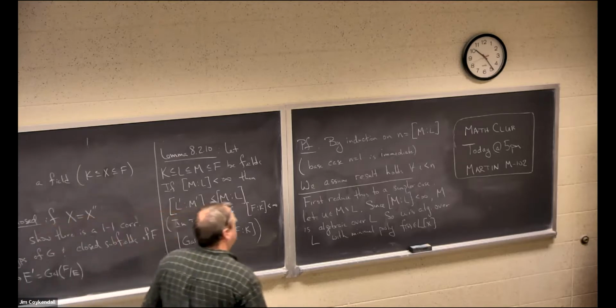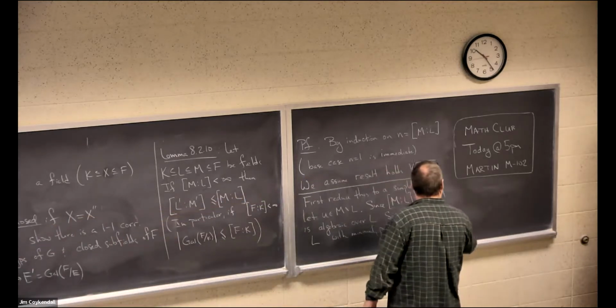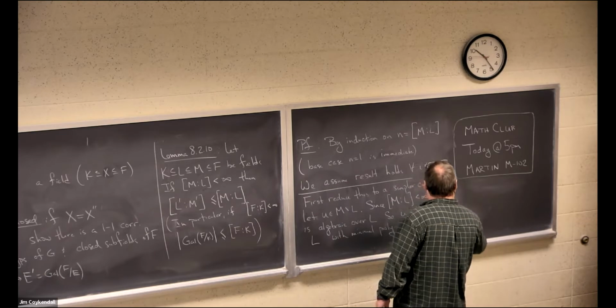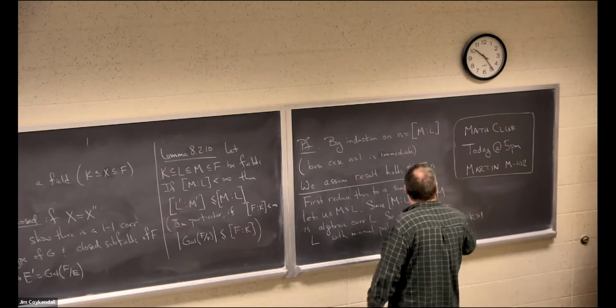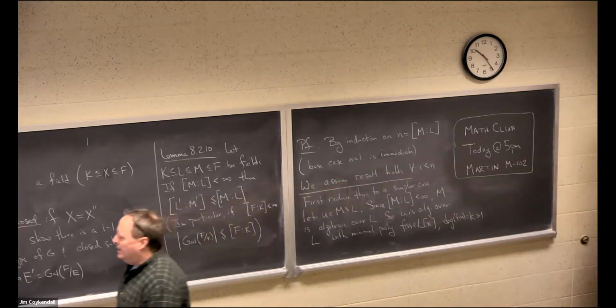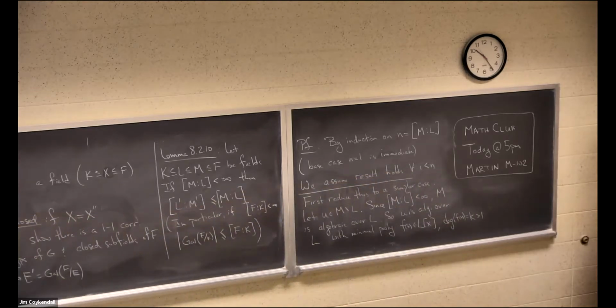We will assume that the degree of f is k, and of course k must be strictly bigger than 1 because we're assuming that u is not in L, so you can't have a linear polynomial.